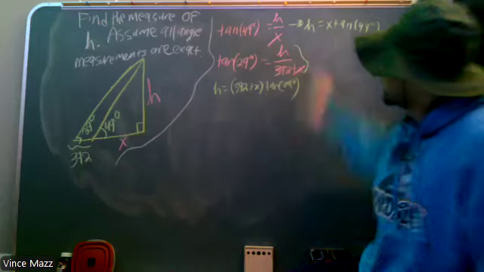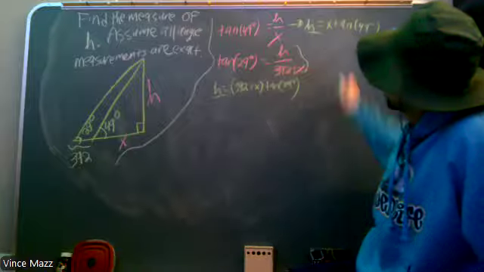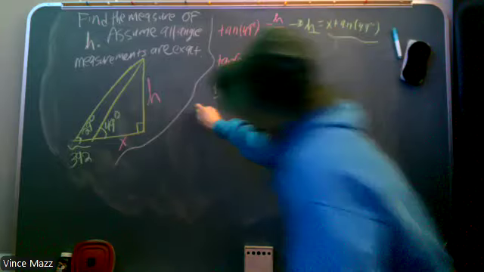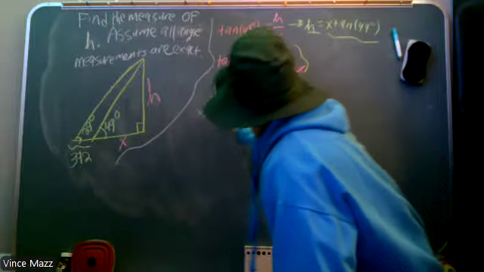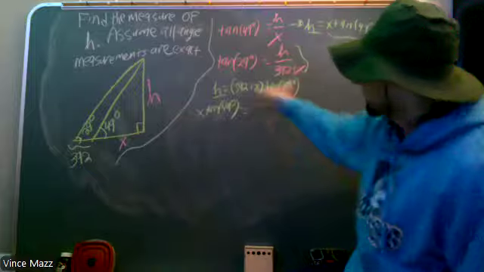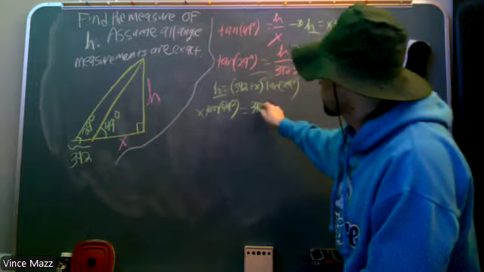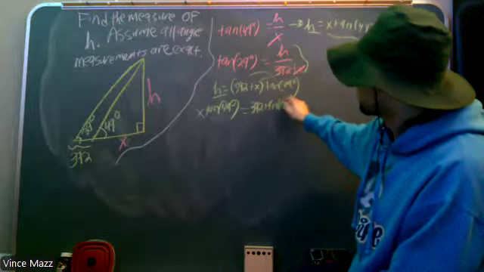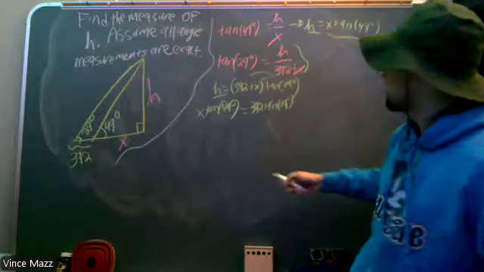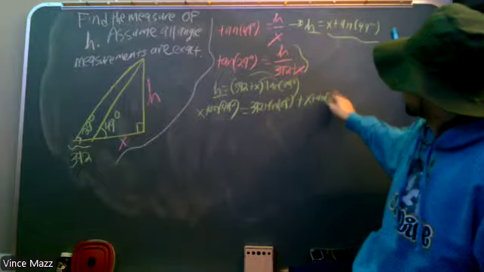So now you have h equals, so you can actually set these equal to each other. Meaning that x tan 49 is equal to, and then you can distribute this, so you've got 392 tan 29 degrees, plus x tan 29.